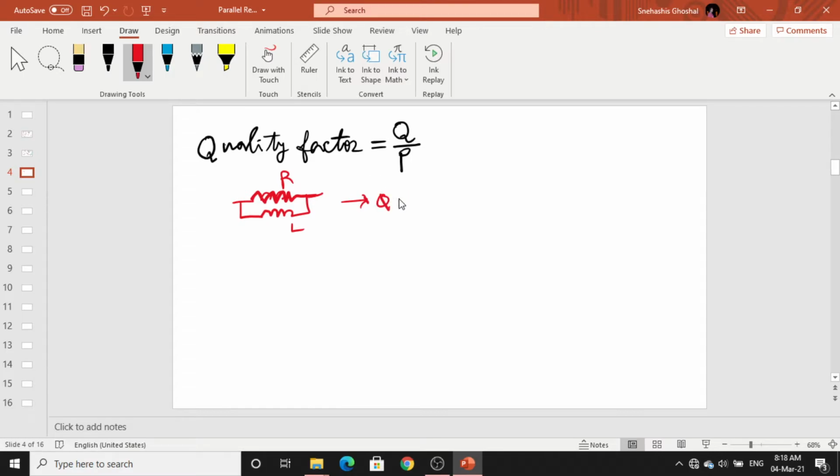Let's make it Q. Q equal to reactive power, that means V square by XL, because in parallel circuit voltage is constant, that's why instead of I square X we are writing V square by XL divided by V square by R. So simplification is R by XL, or in other words R by omega L. L will be subscript, don't confuse it.